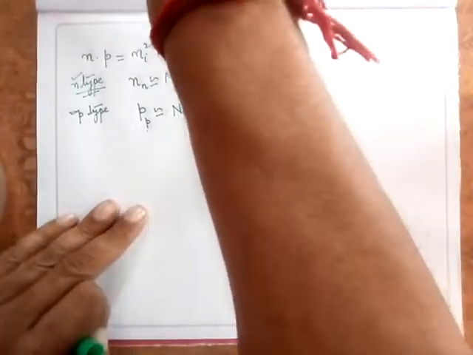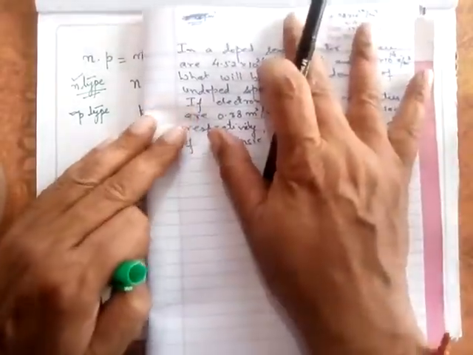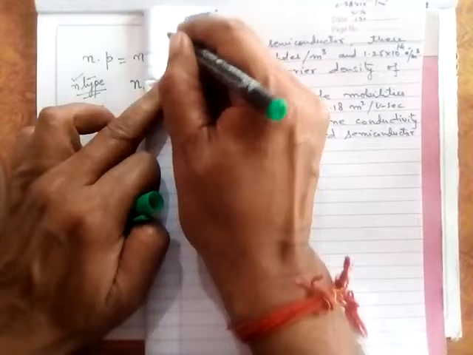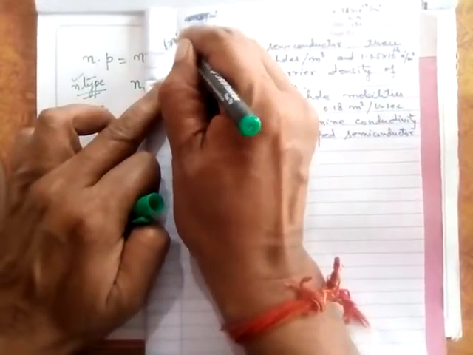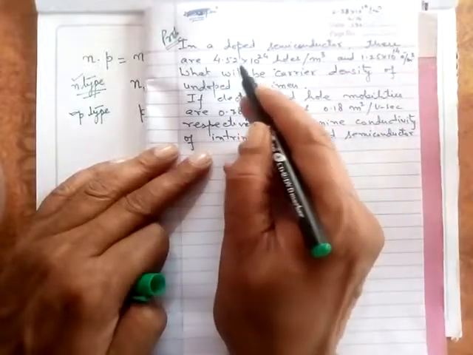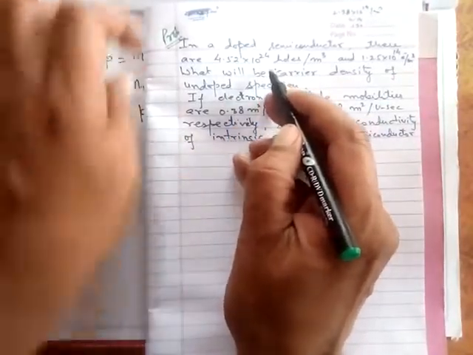The first numerical that I'll discuss is this. It says there's a problem here. In a doped semiconductor there are 4.52 into 10 to the power 24 holes.